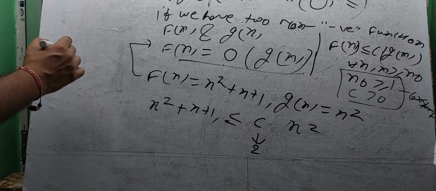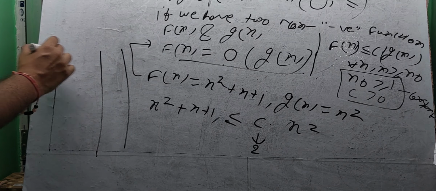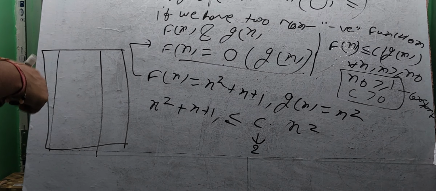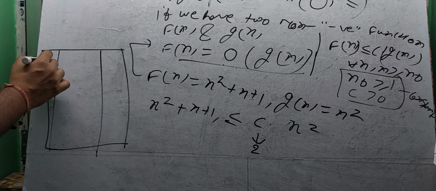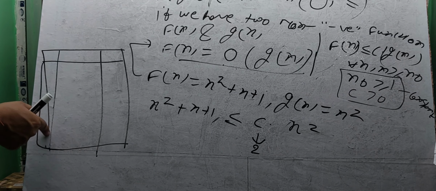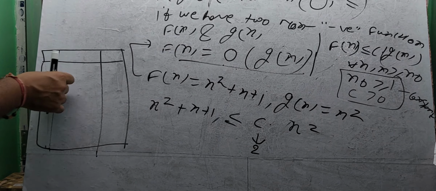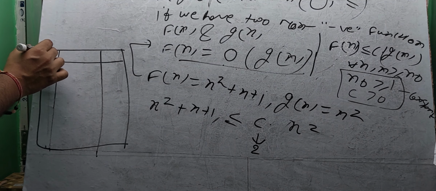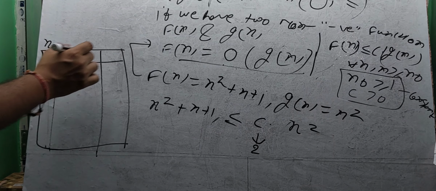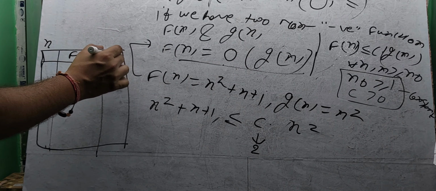Now again we will create a table. Here the n value, and here f of n and another is g of n.